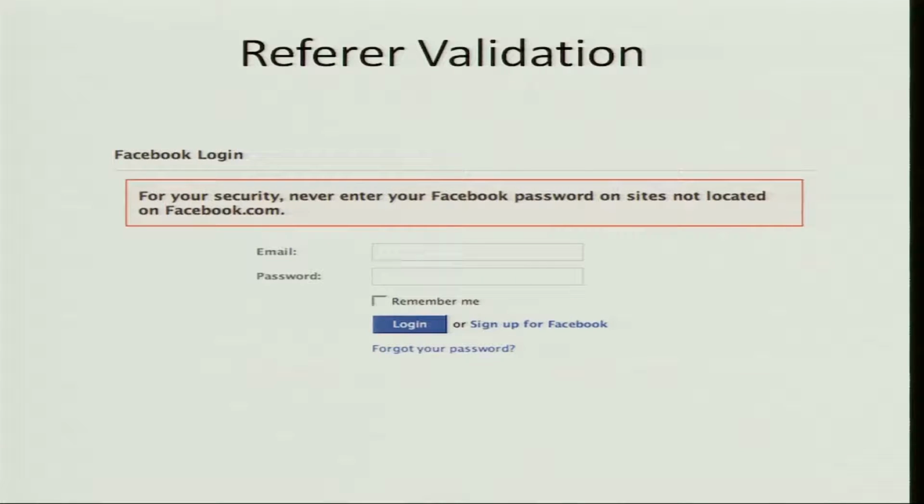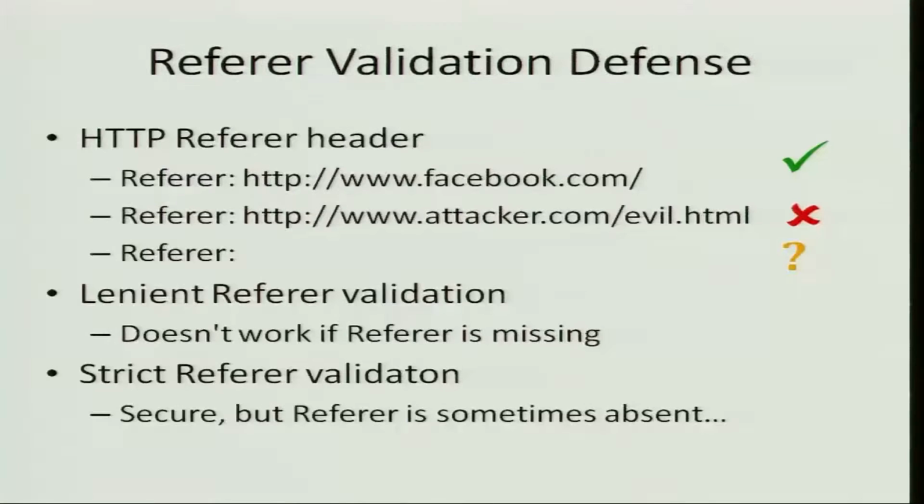If your Facebook login page opens in an iframe, it's hard to tell whether it is being hosted on facebook.com. The idea is that if the referrer for these Facebook related forms is not facebook.com, if it is something else, then you should not trust it.